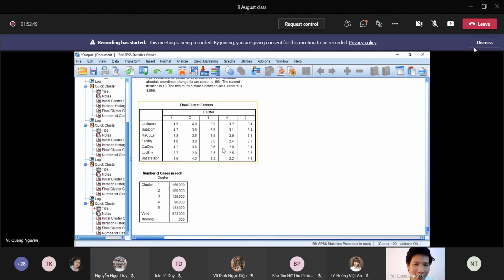Cluster 4 here, the cluster of strict people, is smaller, less than 20%, I think, because I don't have the calculator. This one is very easy. Divide it by 623, and then you know the percentage of them.